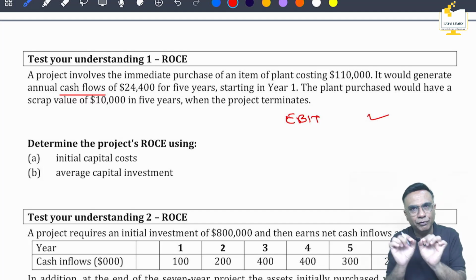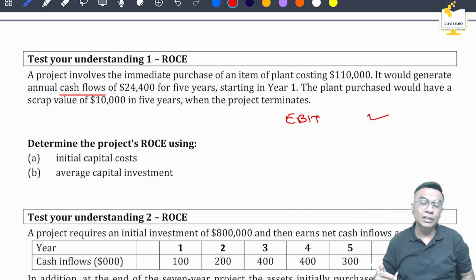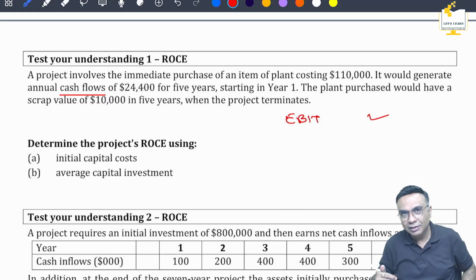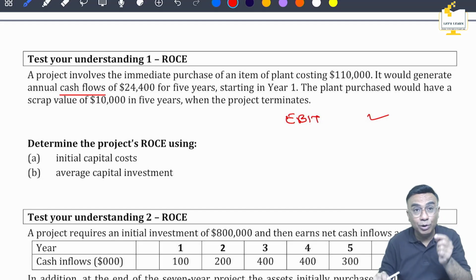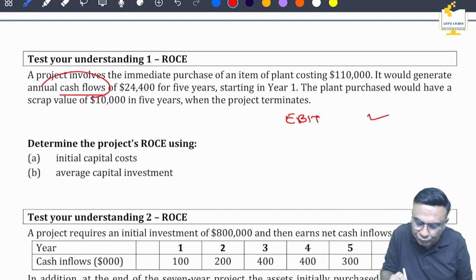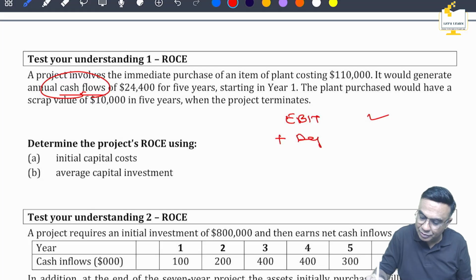Profit before interest and tax: interest is to be deducted, tax is to be deducted, but all other expenses are already deducted in the above calculation, right? So depreciation you must have deducted. Then only we will calculate profit before tax and then tax and profit after tax, right? So we must have deducted depreciation, but I want EBIT, and here it is given cash flow, understand, right? So what you have to do is, out of cash flow we deduct depreciation to get EBIT; equivalently, out of EBIT we add back depreciation and then we get cash flow.